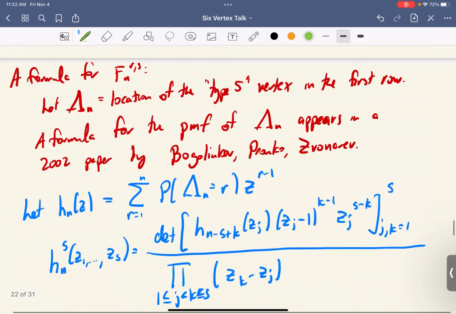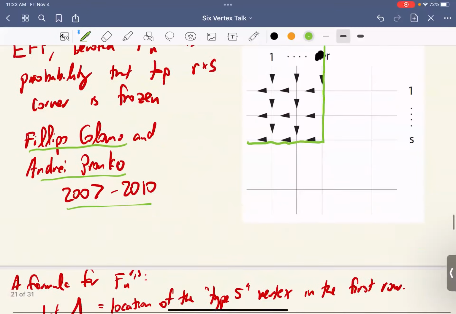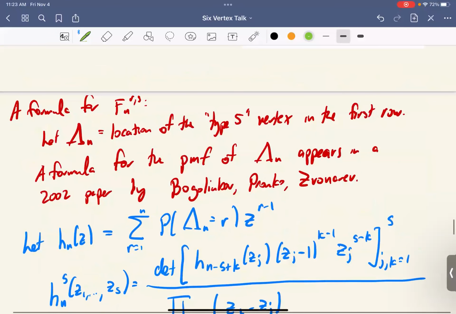It turns out they have several different formulas for this emptiness formation probability. And they depend on knowing where that type 5 vertex is in the first row. So that's kind of the first ingredient in their formula, to understand where the arrow switch happens in the first row.